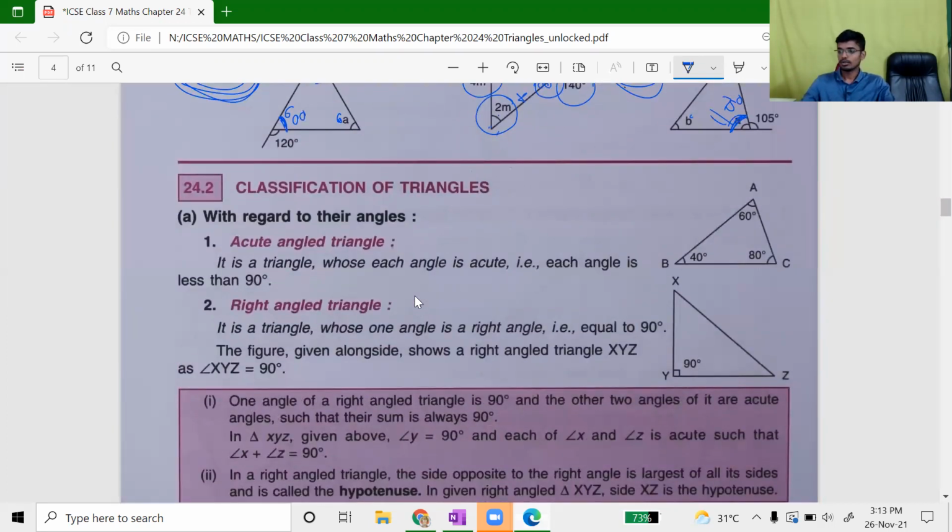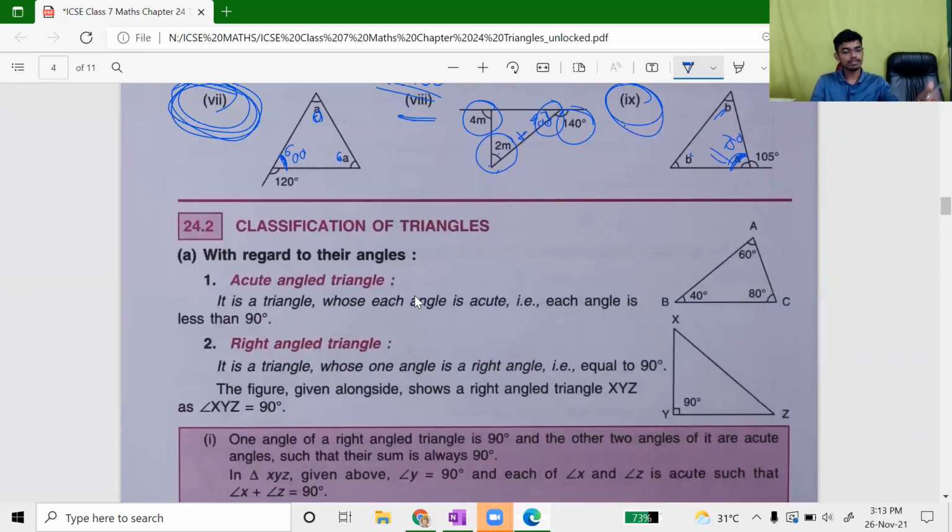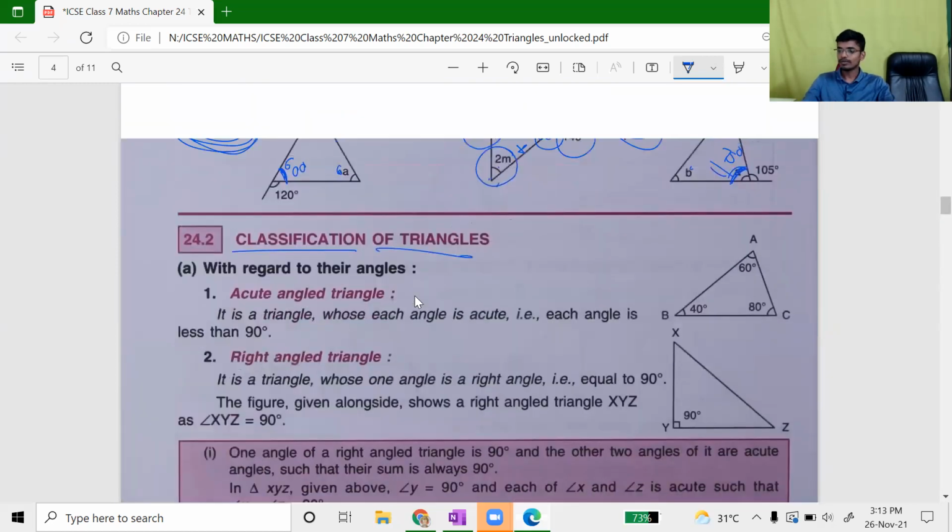So shall we move to the second point? Today we are going to start with a new topic called classification of triangles. Now tell me one thing, beta.